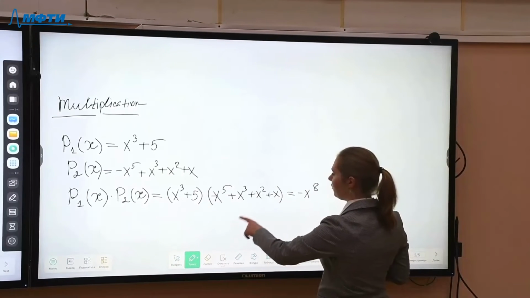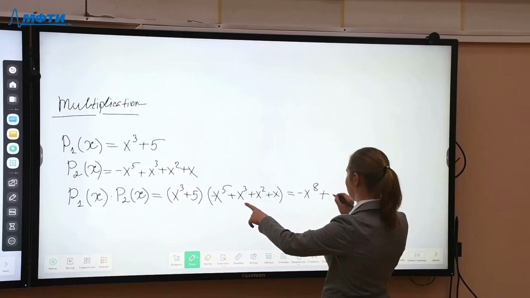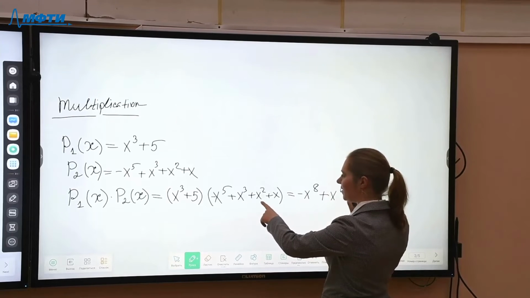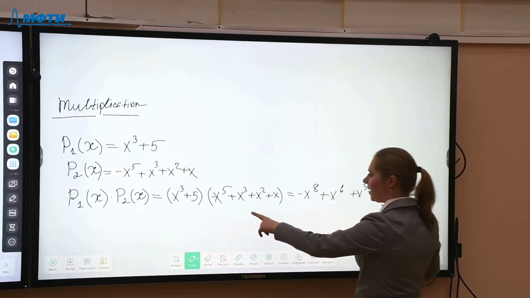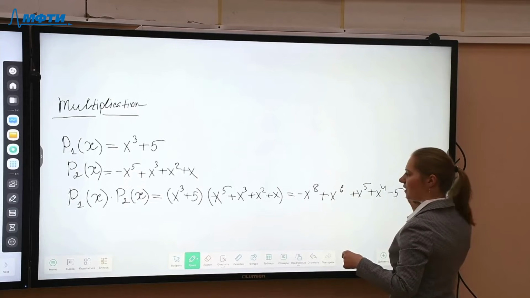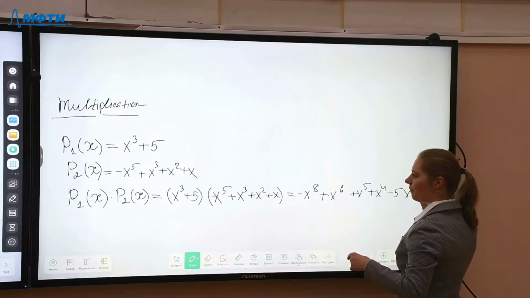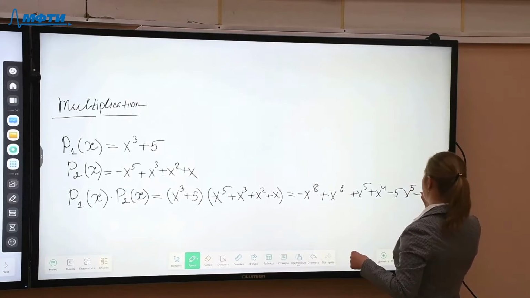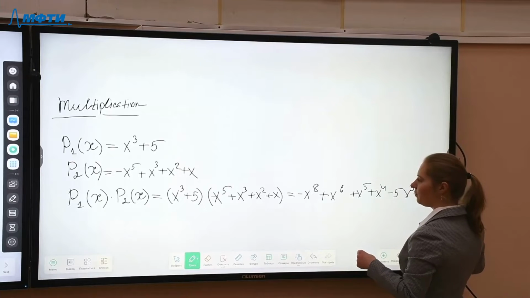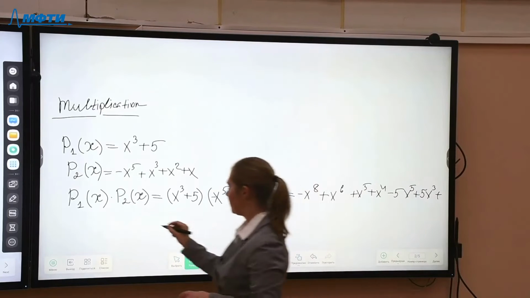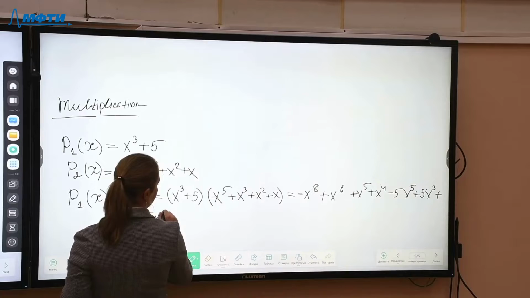Then x cubed by x cubed, x to the power of 6, x to the power of 5, x to the power of 4, then minus 5x to the power of 5, plus 5x to the power of 3, x cubed, then plus 5x squared, and plus 5x.